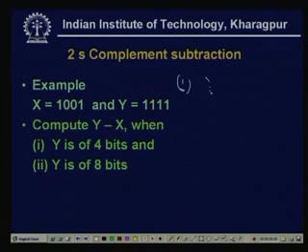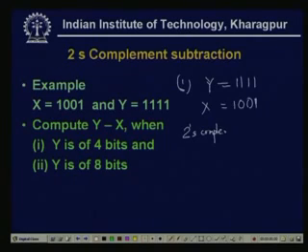So, y is 1111, x is 1001, now the 2's complement of x. This is equal to the 1's complement of x, which is 0110, flipping the bits, plus 1, which is equal to 0111.